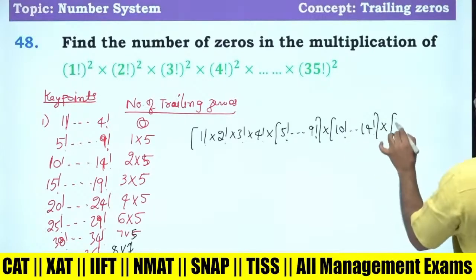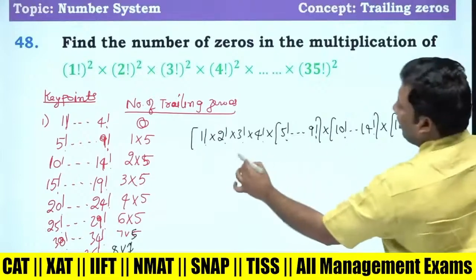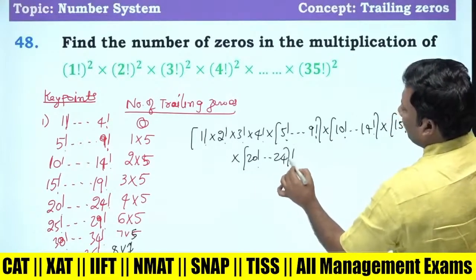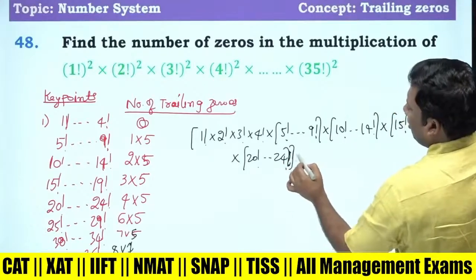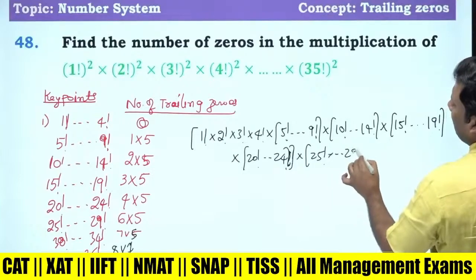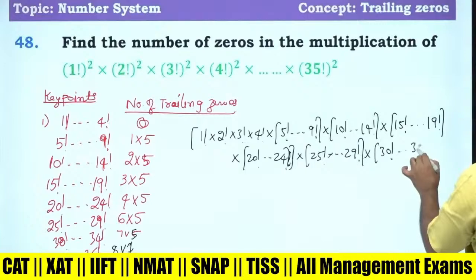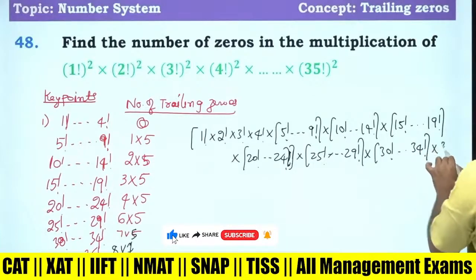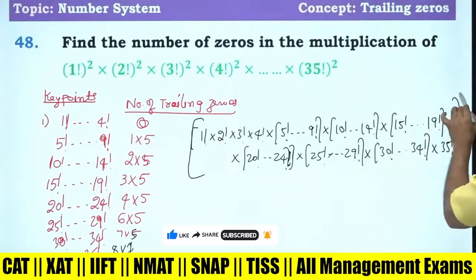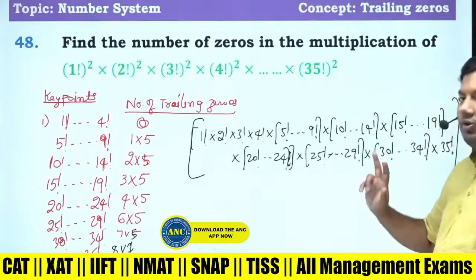I hope you are understanding why I am writing like this. 15 factorial till 19 factorial, 20 factorial till 24 factorial, into 25 factorial till 29 factorial, into 30 factorial till 34 factorial, into 35 factorial. The whole square, the question is given. Now, with one more step you will easily get the answer.